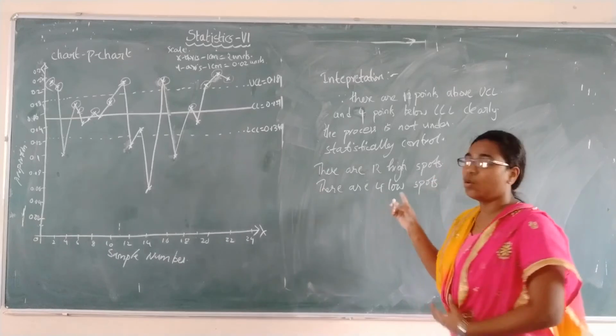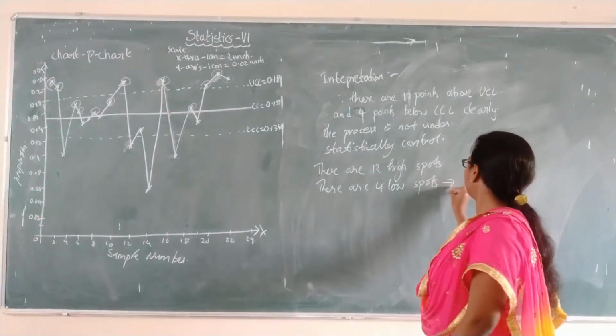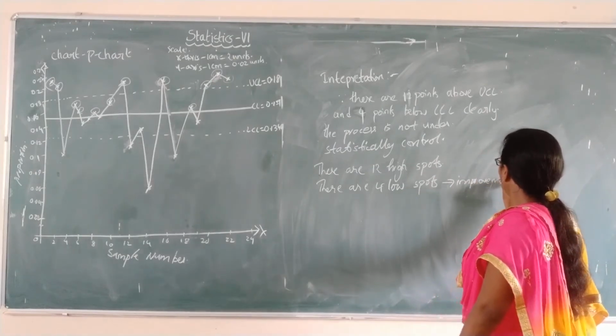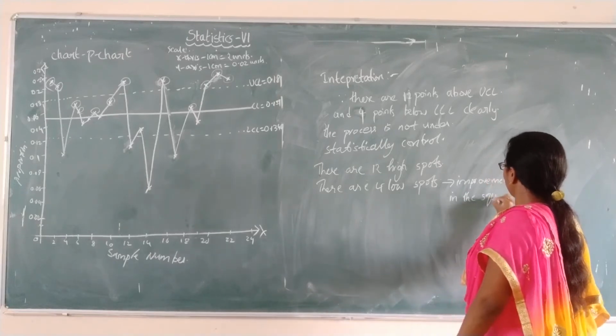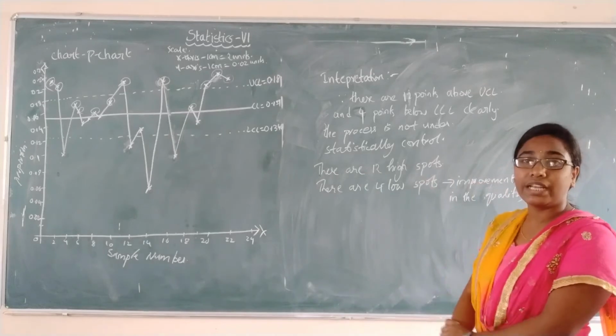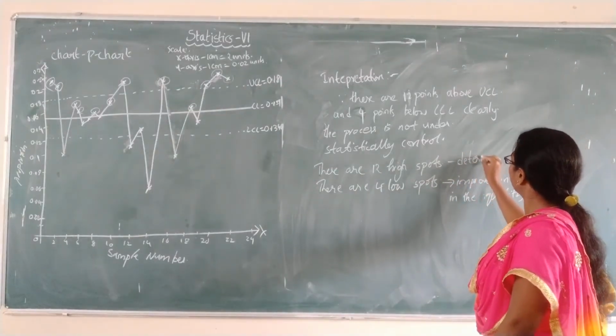So what do low spots indicate? Low spots indicate that there is an improvement in the quality. What do high spots indicate? High spots indicate deterioration.